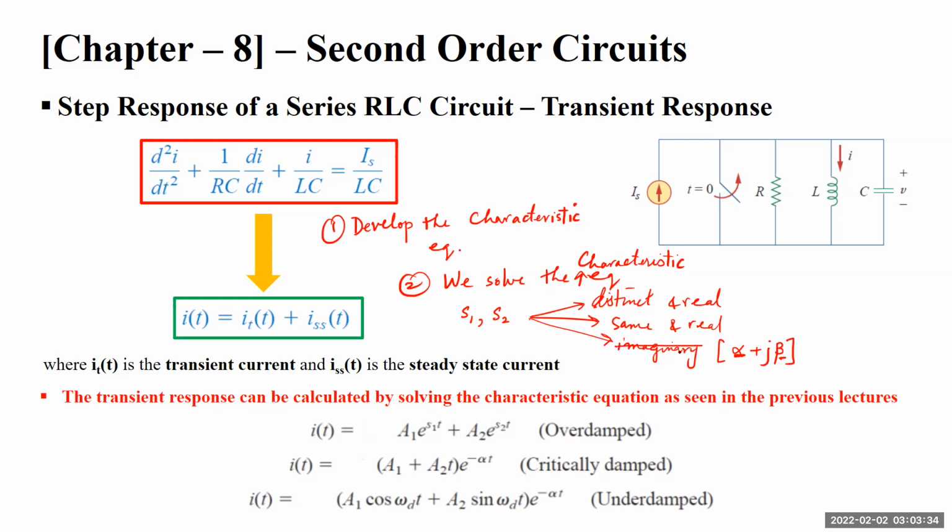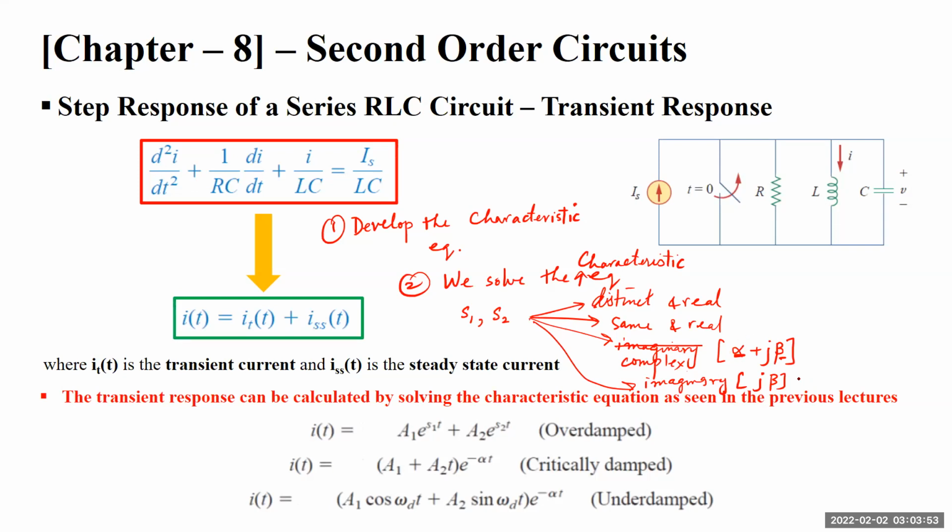The fourth form is purely imaginary, which will have only j beta, without the minus alpha or real component.